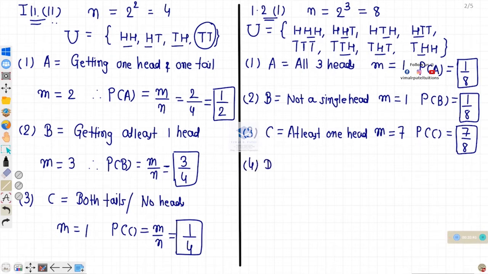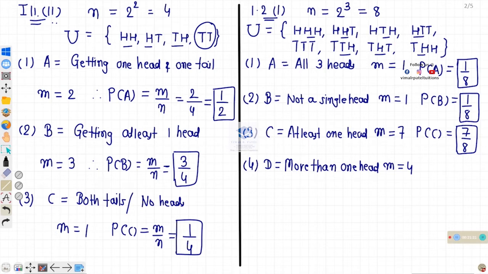Then getting more than one head. More than one head means two heads and three heads. So two heads, 1, 2, 3, and 4. Total 4 outcomes. So your M will be 4.